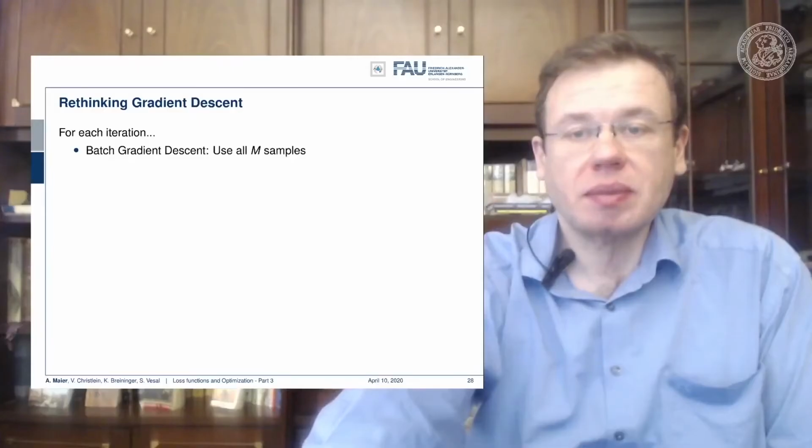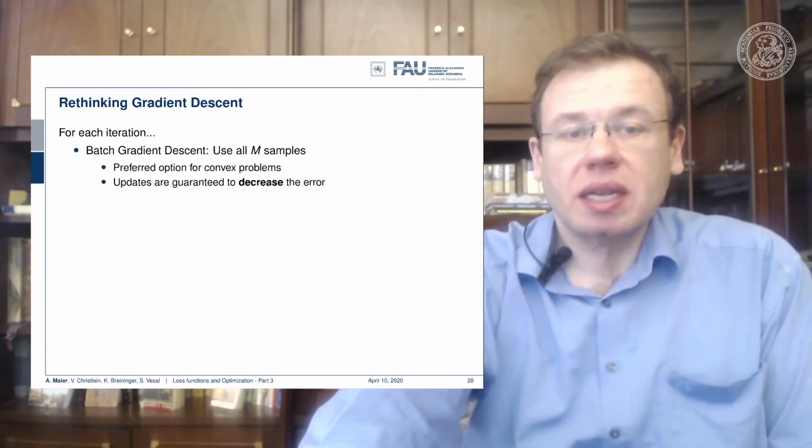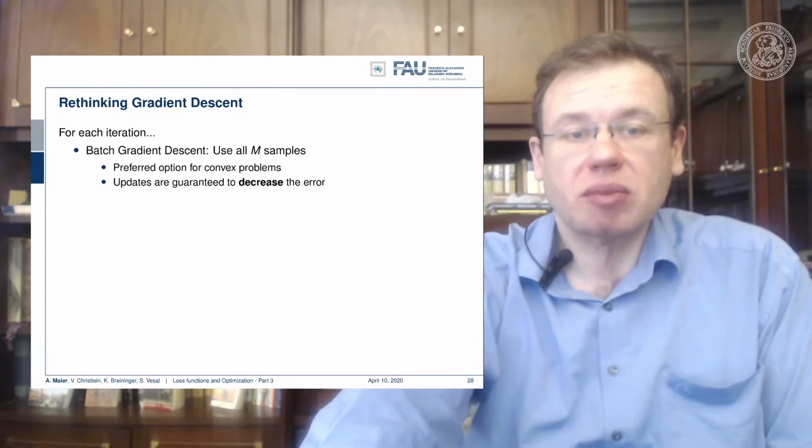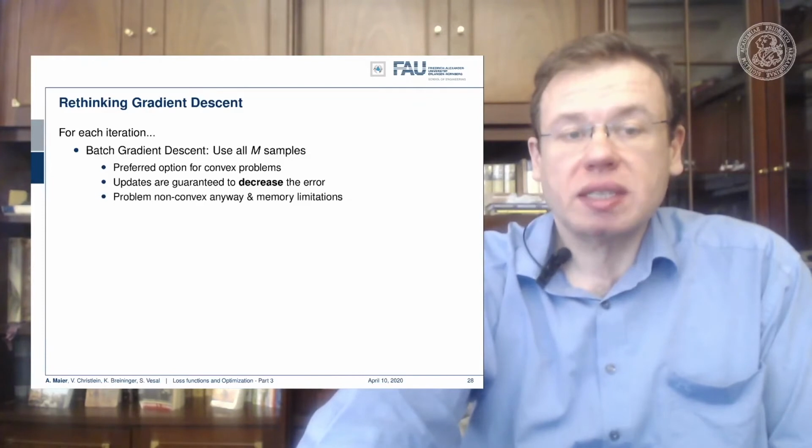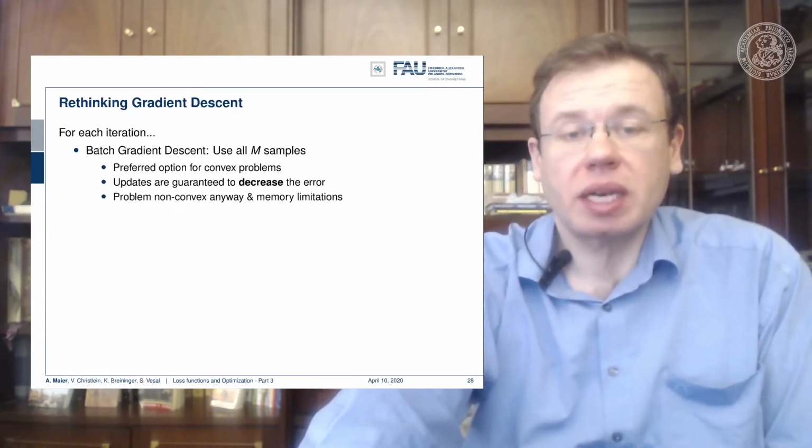So this is, of course, a preferred option for convex optimization problems, because we have a guarantee here that we find the global minimum, and then every update is guaranteed to decrease the error. Of course, for non-convex problems, we have a problem anyway, and we may have really big memory limitations.